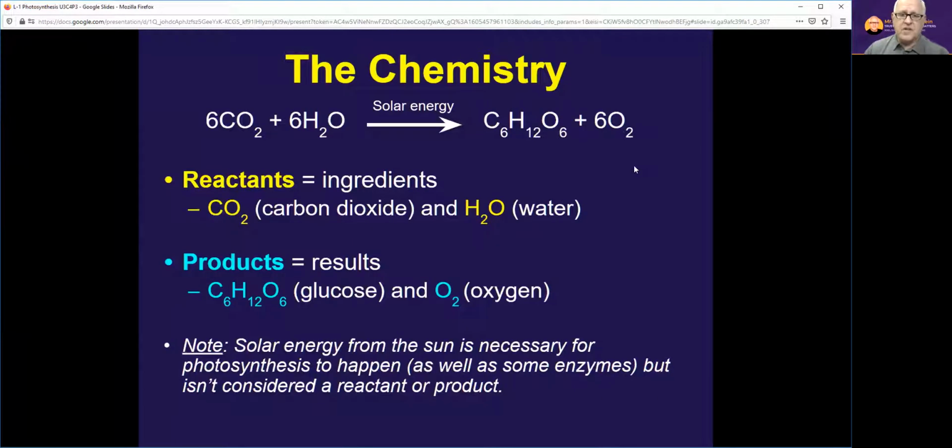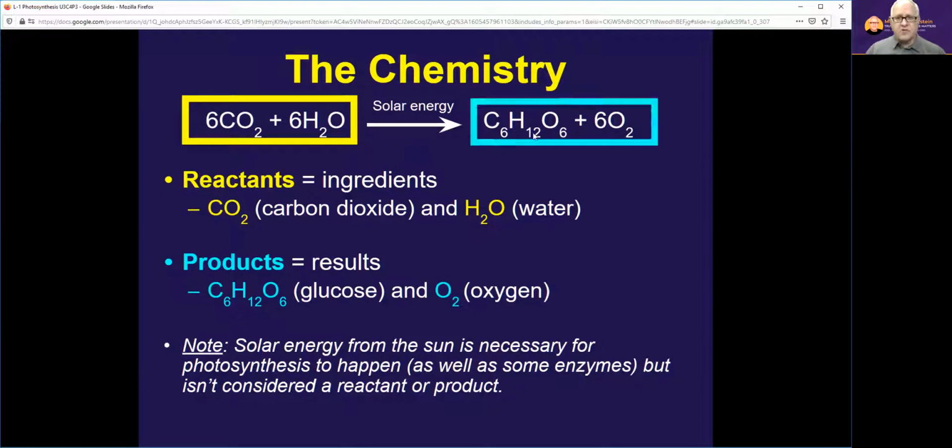If you recall, the chemistry here has you using 6 carbon dioxide molecules plus 6 water molecules, adding in the solar energy to excite the electrons, and it produces the 6-carbon sugar C6H12O6 plus 6 oxygen molecules that go out as waste product.